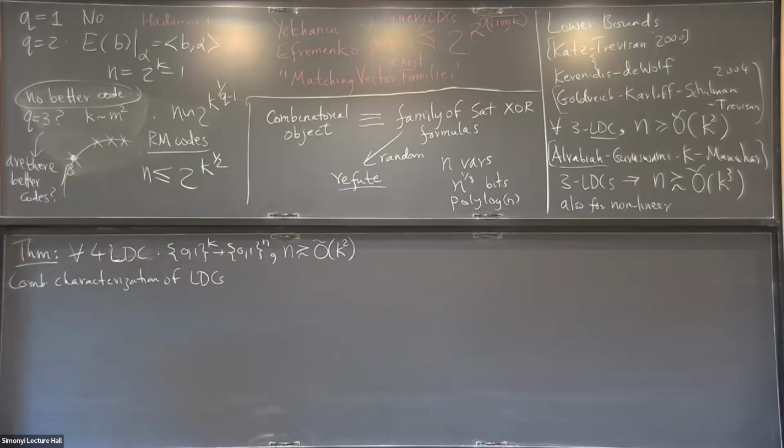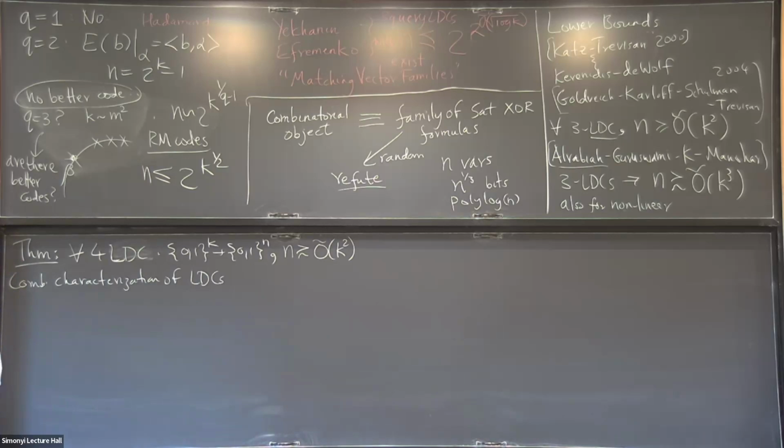Next, you might imagine that because I have to tolerate a delta fraction of corruptions, I'll have to somehow spread these query sets all around the codeword. If I restrict too much to any single part, I'll be in trouble, because then the adversary could focus their errors in that part.